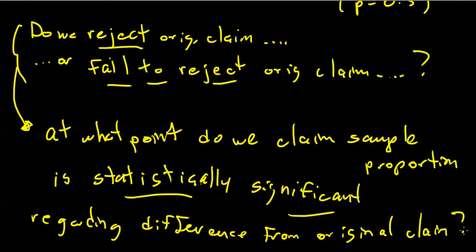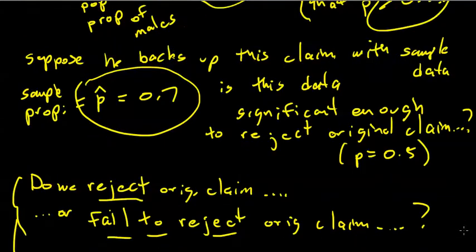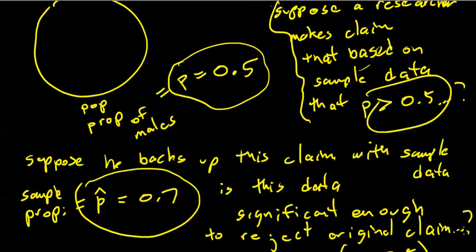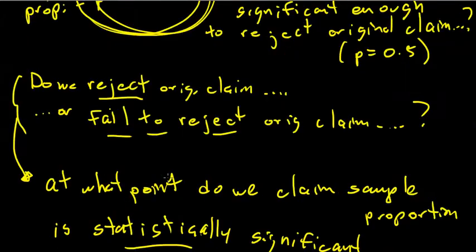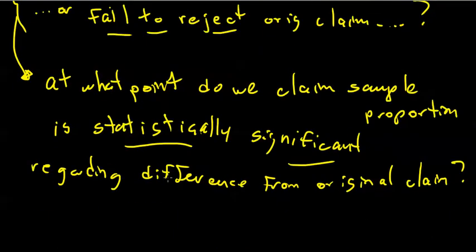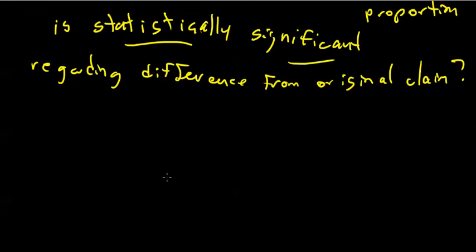So, looking back, at what point do we say this sample data figure is significant? Is 0.6 enough? 0.7, 0.8, 0.9, 0.99? Where do we draw the line in rejecting or failing to reject the original claim? Write that down.